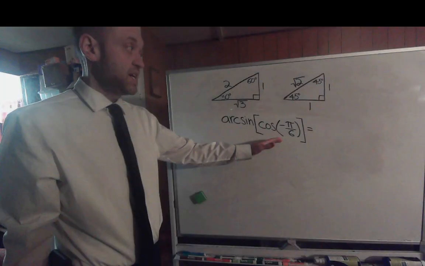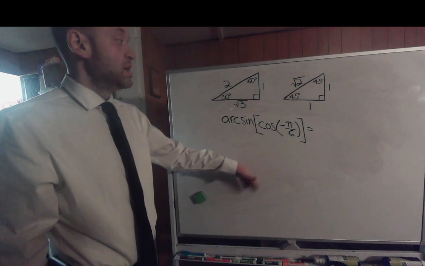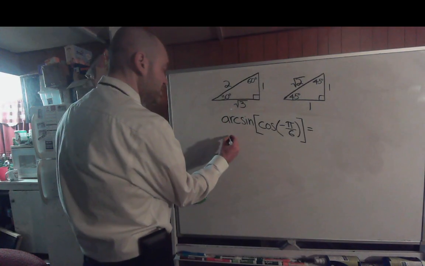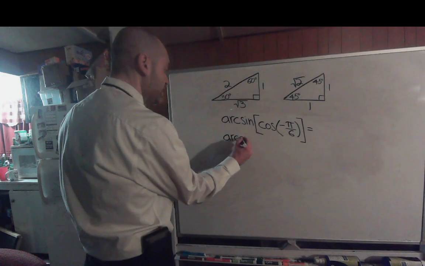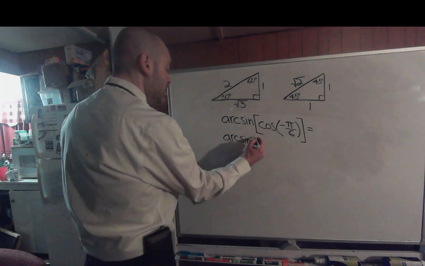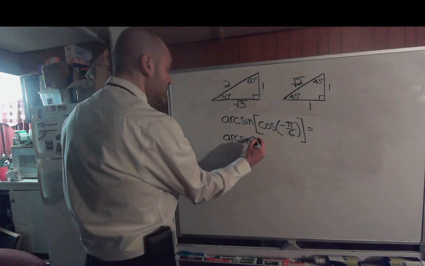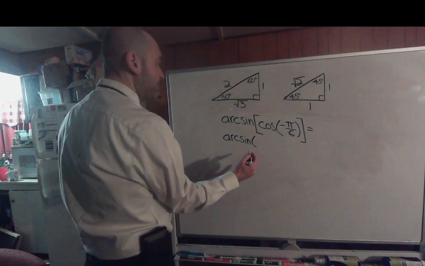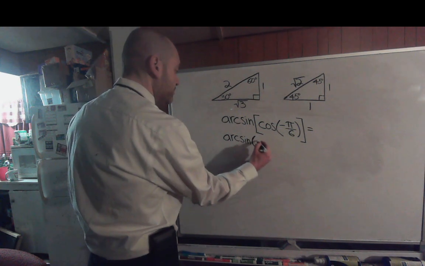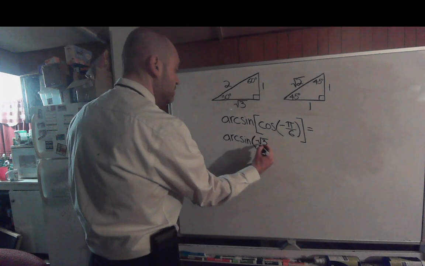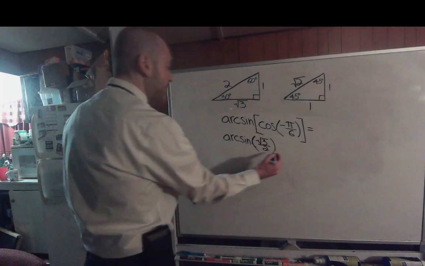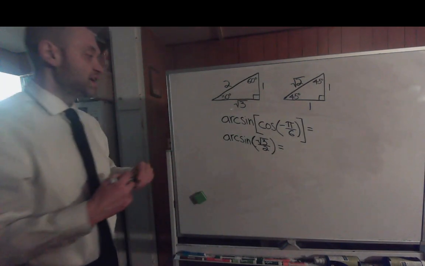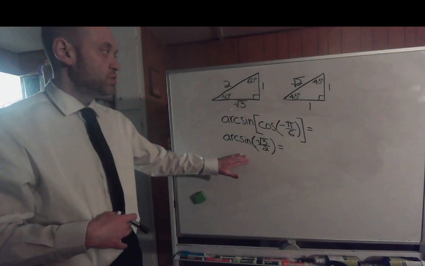Which means your cosine's still positive, which is the cosine of a 30-degree angle. So this is going to end up being the arcsine of the square root of 3 over 2.